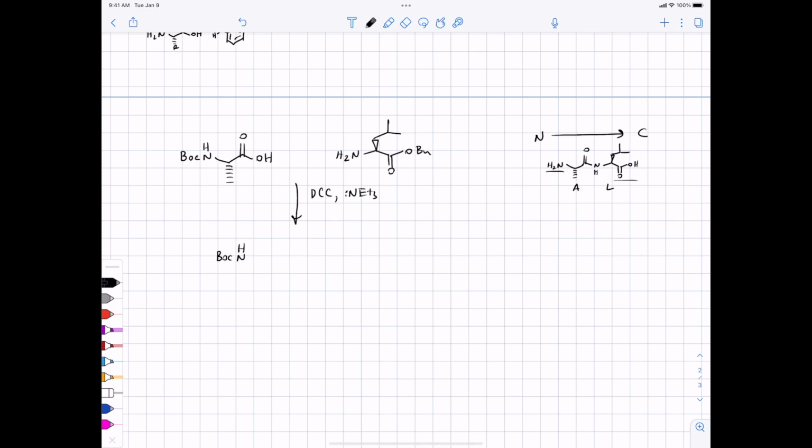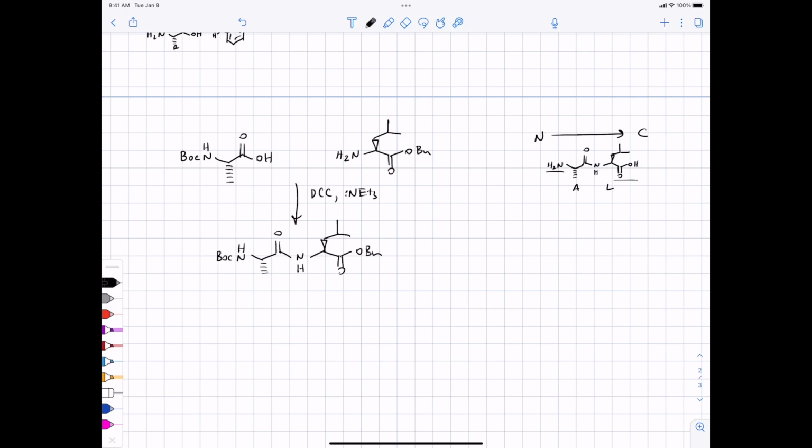Then I've made my amide bond between the carboxylic acid group of alanine and the amino group of leucine. I've got the right connectivity. I don't have any of the undesired AA or LL or LA products.